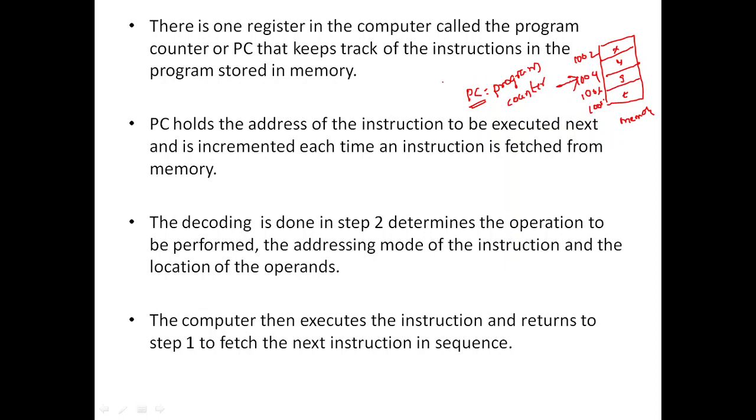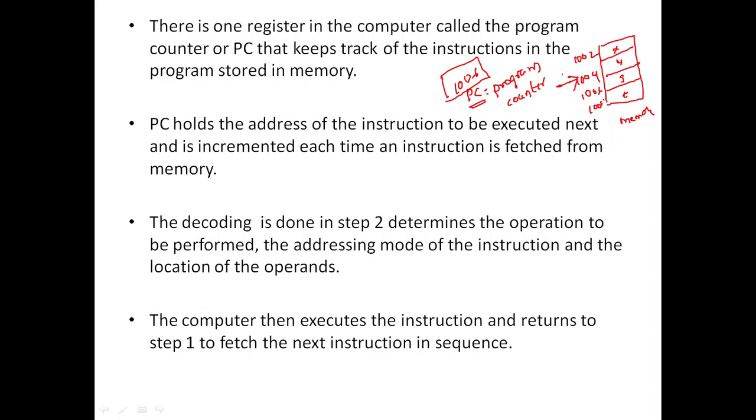The program counter is going to hold the next instruction address, that is 1006. So what do you mean by a program counter? The program counter holds the address of the next instruction to be executed.